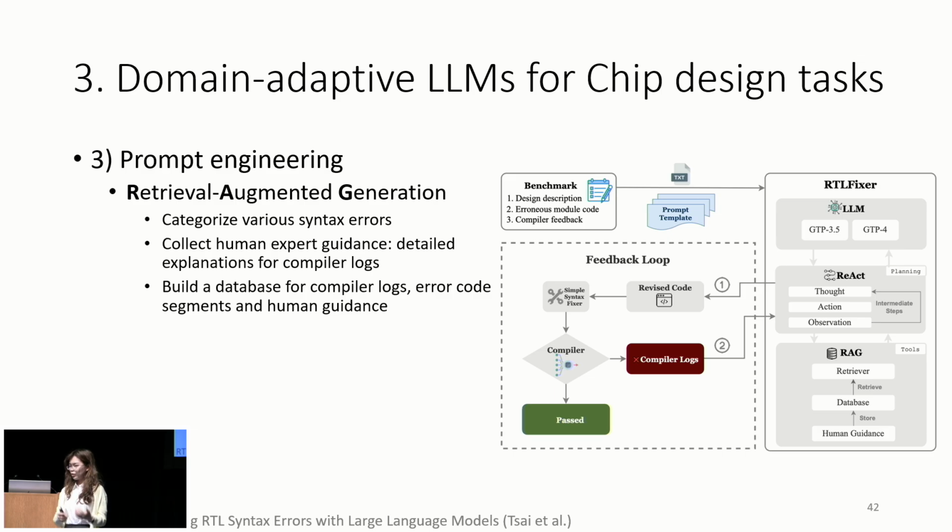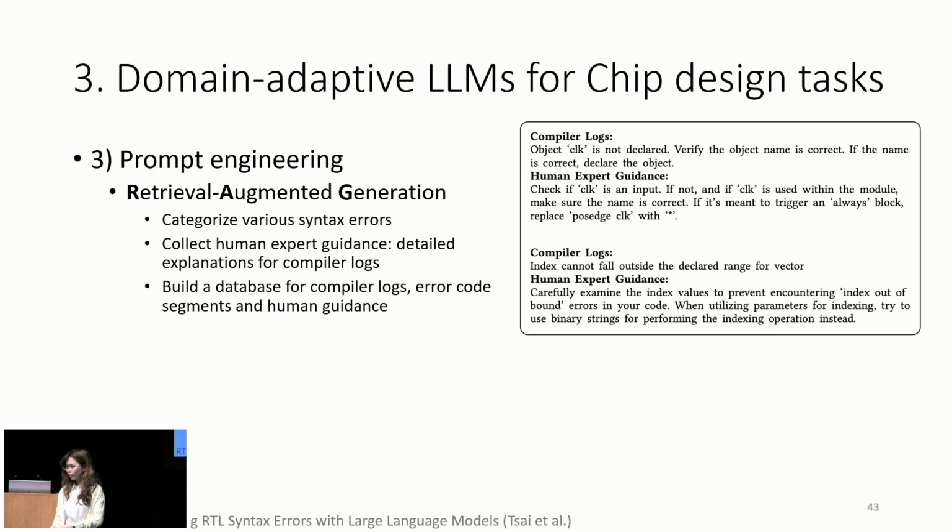After that, you can build a dataset of the compiler logs, the error code segments, and also the human analysis for these compiler logs. Here I also have an example of the compiler logs and how we can collect the human expert outputs that can help the model better understand the compiler logs.